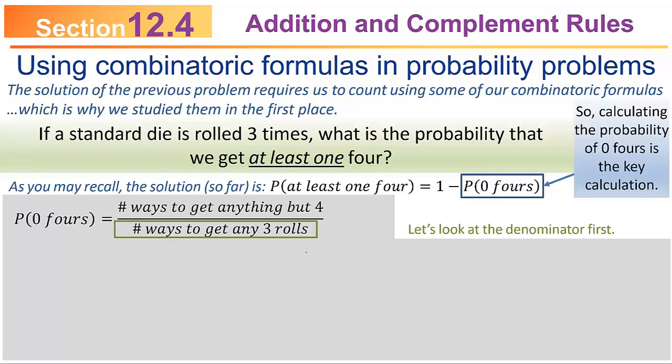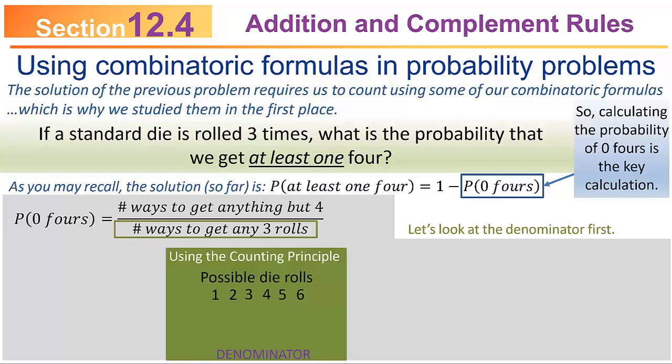I think I'll start with the denominator first. Let's find the number of ways to get any 3 rolls. Going all the way back to the counting principle, if you're looking for the number of ways to get any 3 rolls, remember each roll can be a 1, 2, 3, 4, 5, or 6. So think of this as a 3-stage experiment. You can look at how many ways you can get something for roll 1, roll 2, roll 3. The counting principle says to multiply them together.